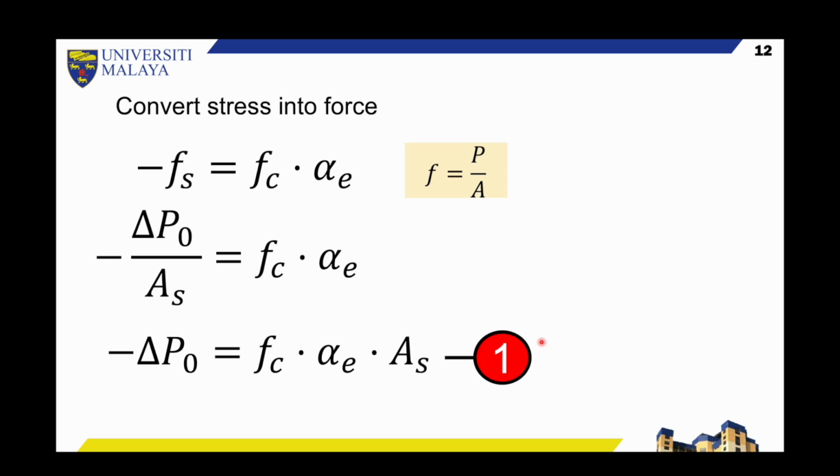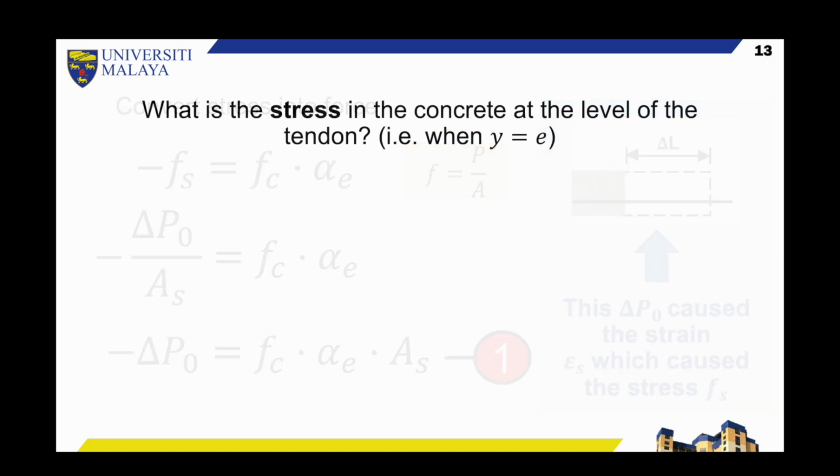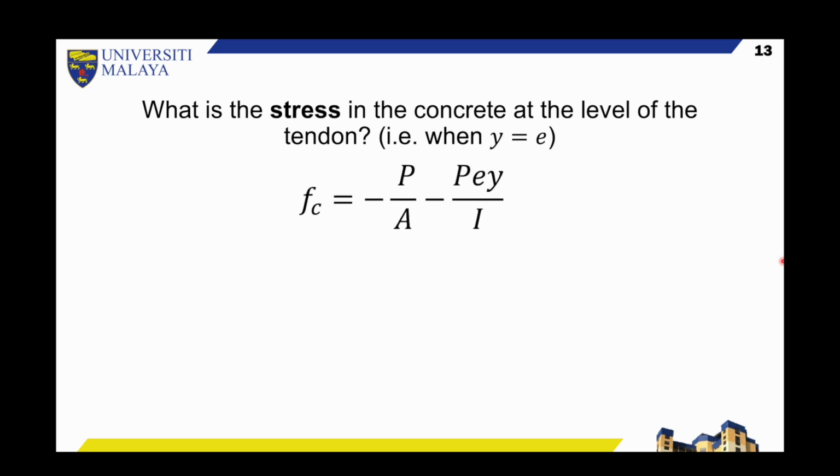So, to further elaborate, this change in the P naught is caused by the strain epsilon S, which in turn is caused by the stress F of S. So what is the stress in the concrete at the level of the tendon? Meaning, what is the stress in the concrete where the tendon is, basically, or where Y is equal to E, the eccentricity. So F of C, the stress in the concrete, remember your equations from the stress strain diagrams.